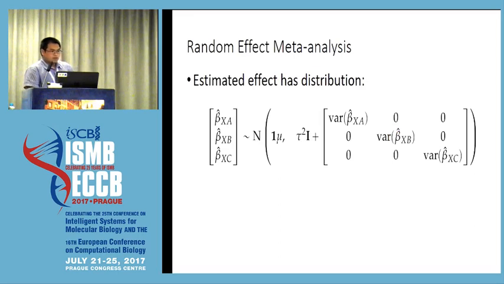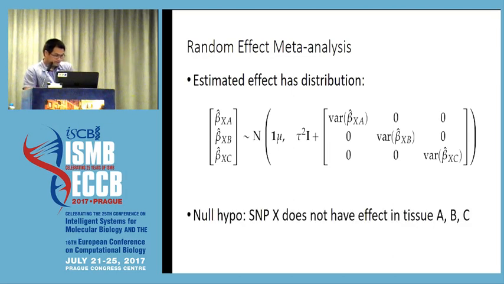So with these two assumptions, the estimated effects have this distribution. Now you have the distribution for the observed data. You can conduct a hypothesis test where you would like to test if X does not have an effect in tissues A, B, and C. This is the same as testing if mu is equal to 0 and tau square is equal to 0.